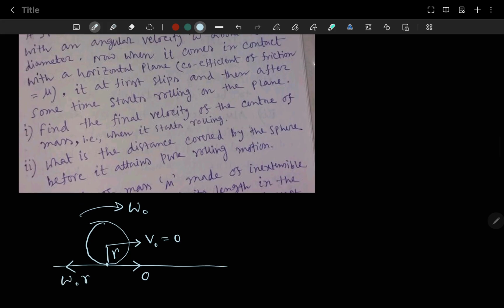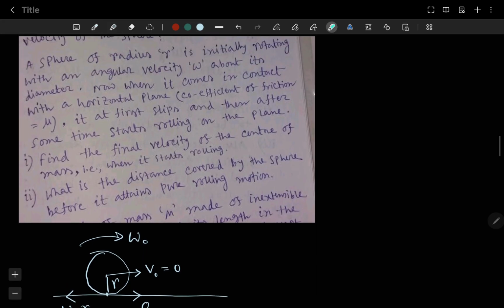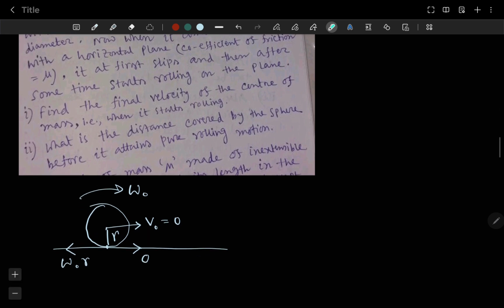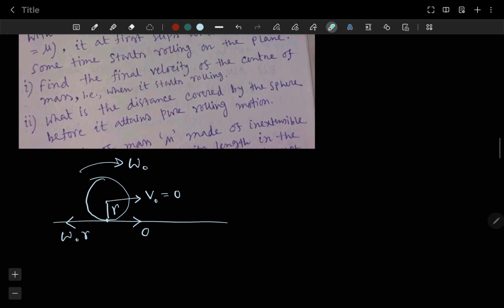Let's call it omega 0, it will be convenient. Okay, this is omega 0 initially. So clearly here v0 is less than omega 0 r, so it will be a case of backward slip.